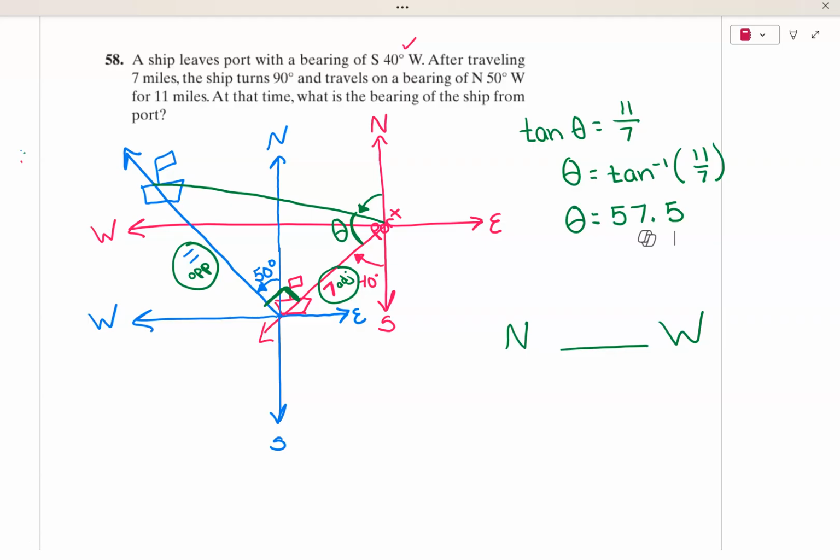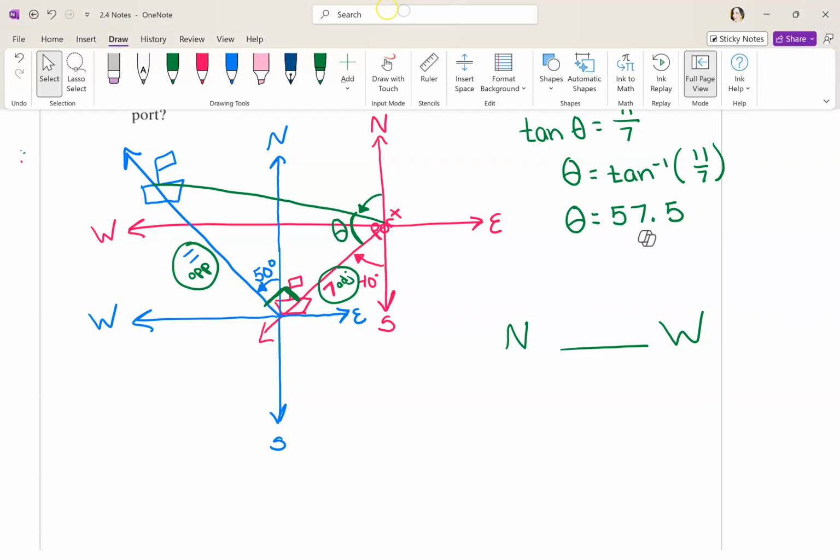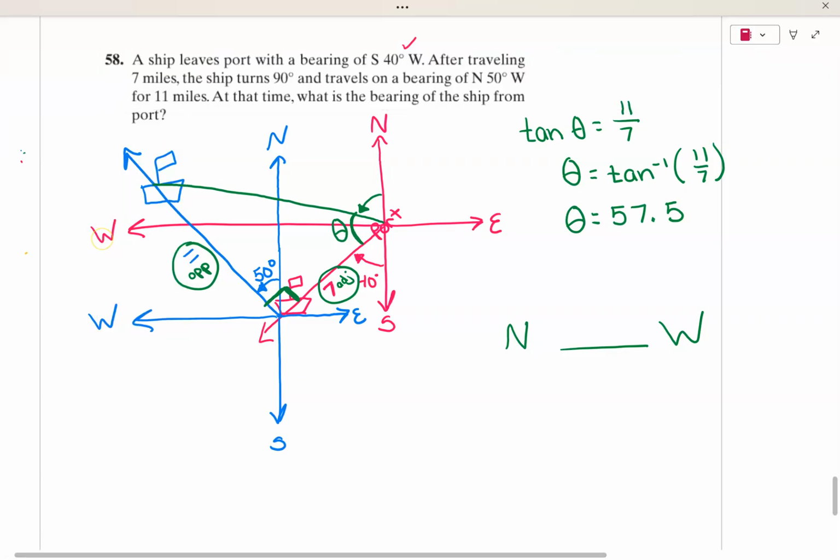Okay? So here are some things. I'm going to switch colors real quick. Okay? If this right here is 40, then I know from here to here is 50. So I need to figure out what's left in here.